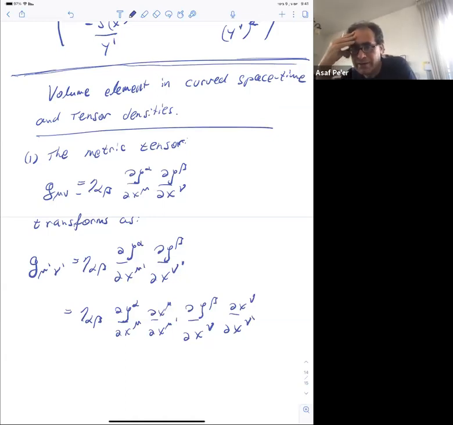One is the ψ^α and ψ^β, one is the x^μ and x^ν, and the third one is x^μ' and x^ν'. So pay attention, I'm not mixing coordinates.